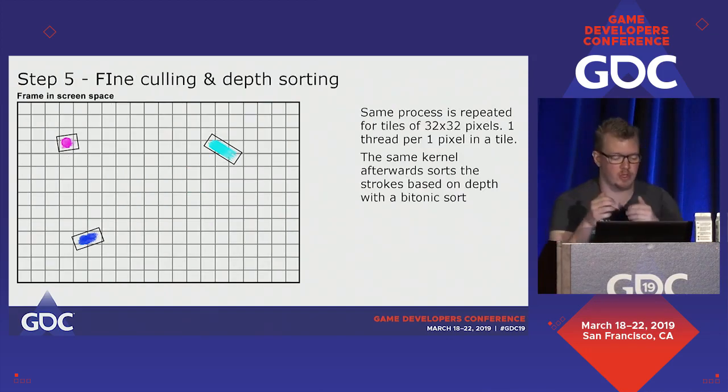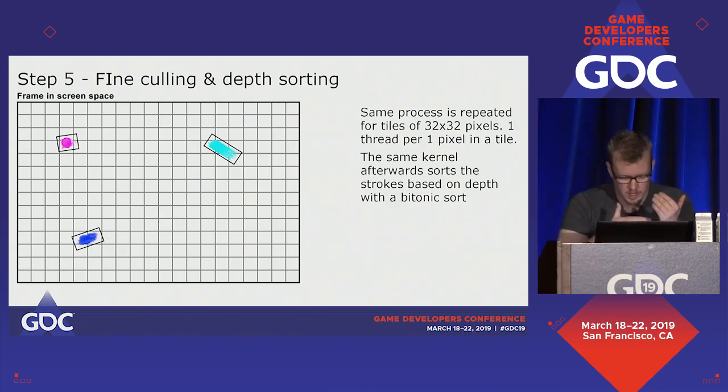A very similar approach is used for the next step, the fine culling. Here, each tile is 32 by 32 pixels. It's again box-box intersection testing, but when we're done with that, we also do a step of bitonic sorting based on the depth of the particles to get correct alpha blending later on. The bitonic sort is the same one that Garrett Thomas used in his talk.